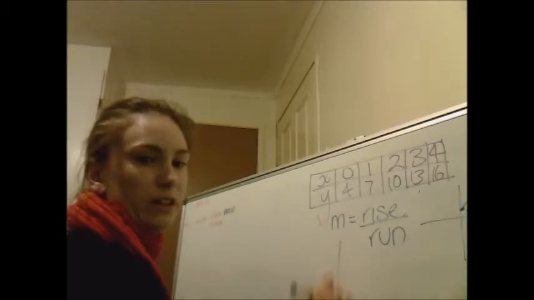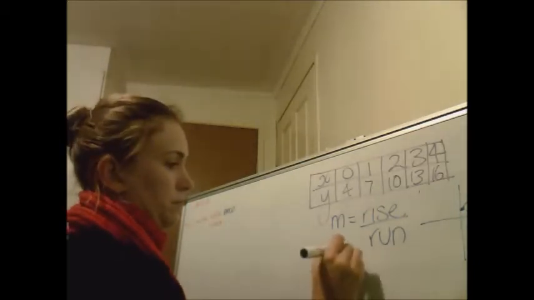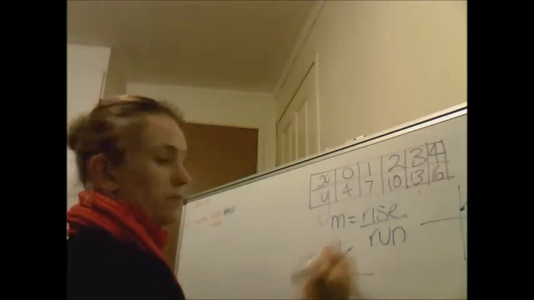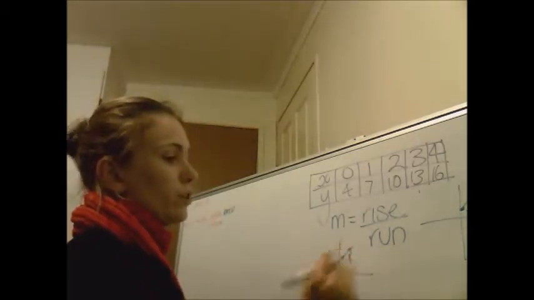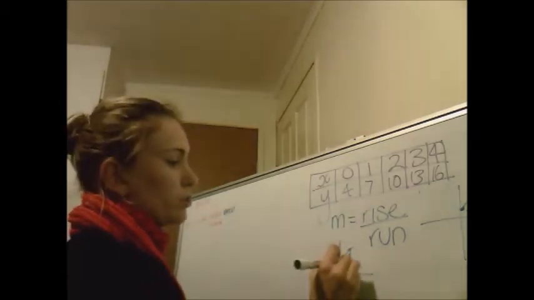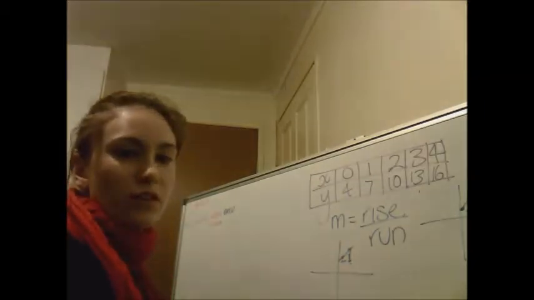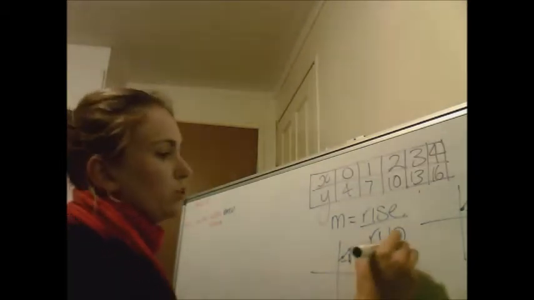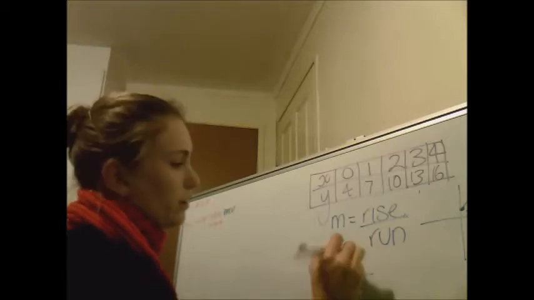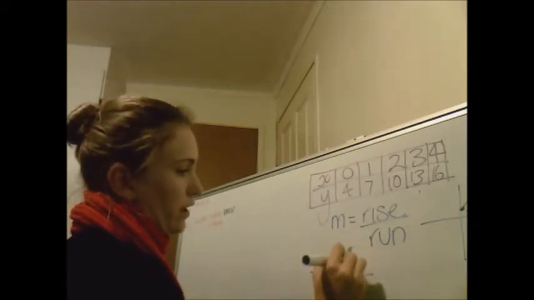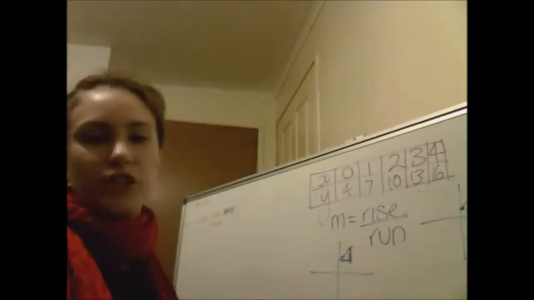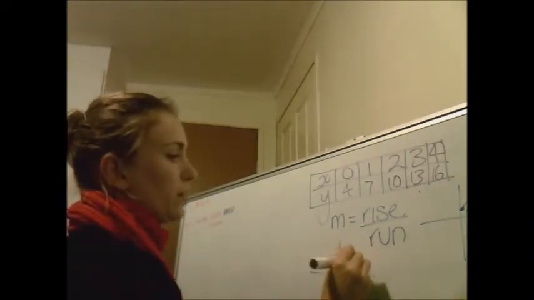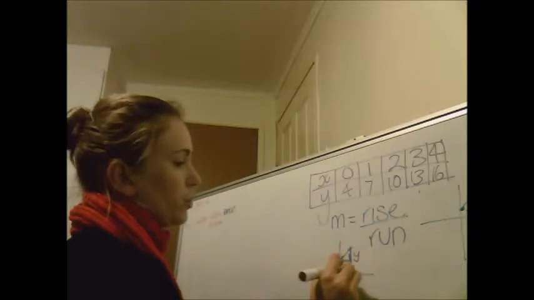So let me draw that here: 2 points, the change in y, the vertical, over the change in x, the run, which actually gives you a triangle. So it's the change in your y value over your change in x.